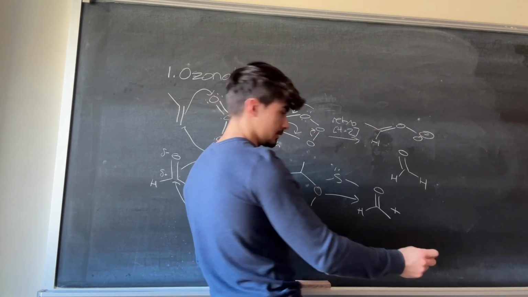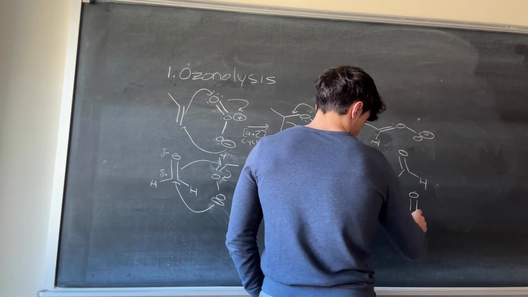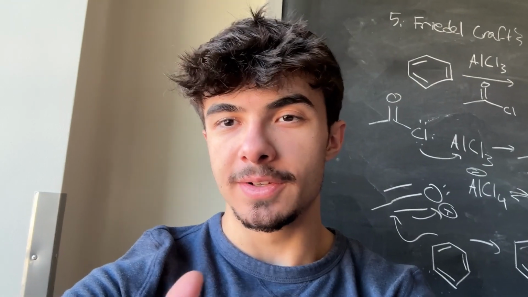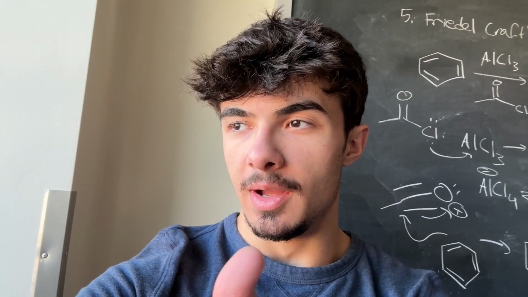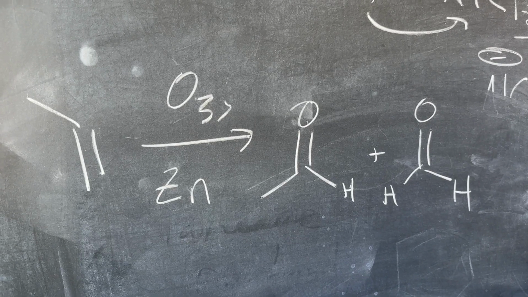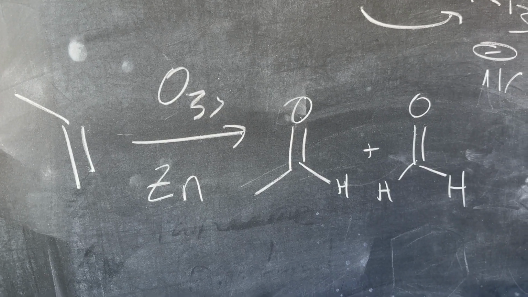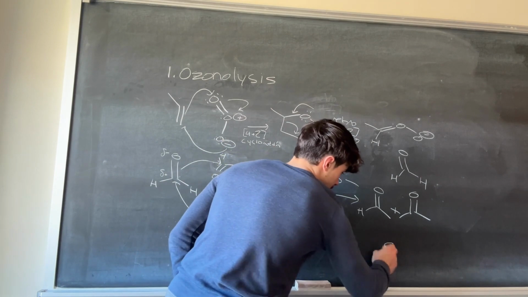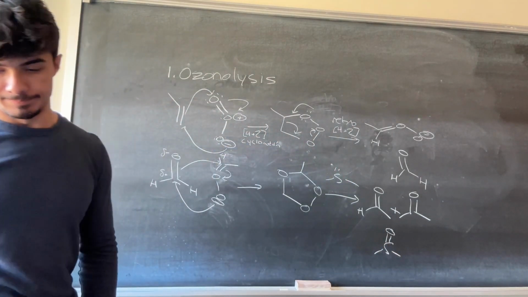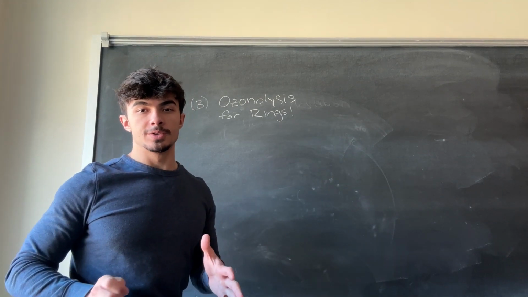As I'm adding that, I realized that the products I wrote at the bottom were incorrect. This is what it should look like. I just forgot to put the H's on the formaldehyde. Then as a byproduct, DMSO, dimethyl sulfoxide.